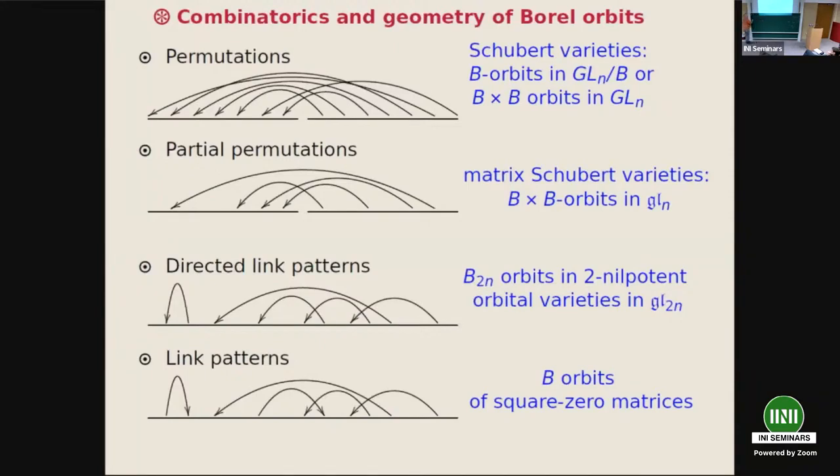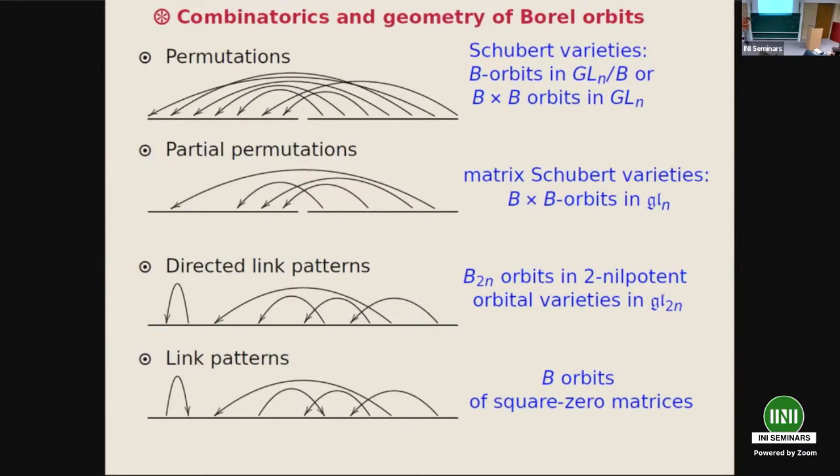And acting here by B times B, maybe I say Borel of dimension n, one from the left, the other from the right, and you look at the orbit, this is the same as acting by the big upper triangular matrix. So here you have B, here you have B prime, and here whatever.